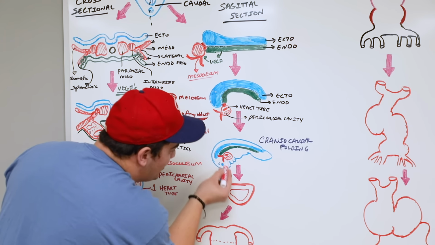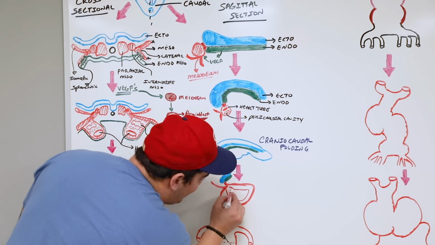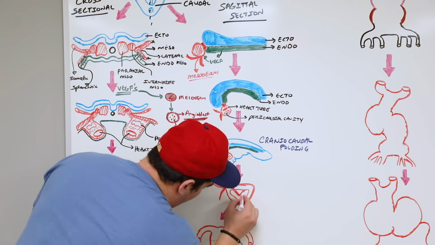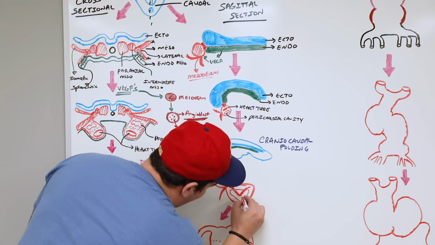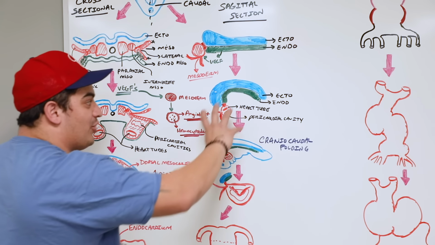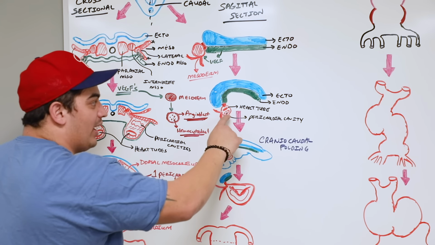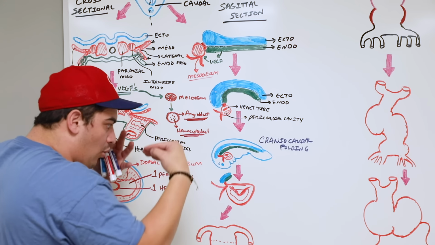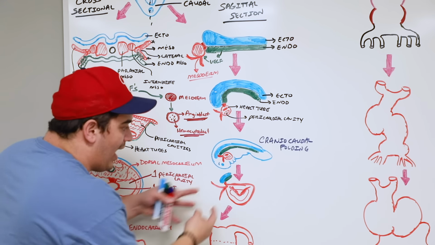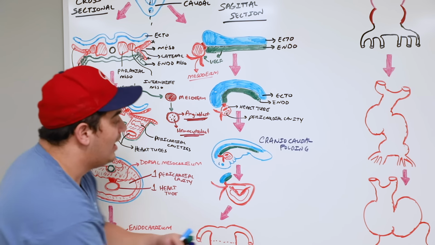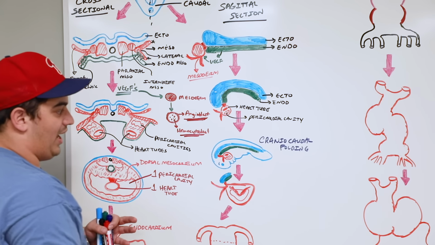It pulls the heart tube into the pericardial cavity. So now here's my heart tube sitting in the pericardial cavity. Before, during this process, they were separated. But during the cranial-caudal folding, as it moves from the head, over the face, over the neck, and into the thorax, the heart tube gets stuffed into the pericardial cavity. So that is what I want you to understand.